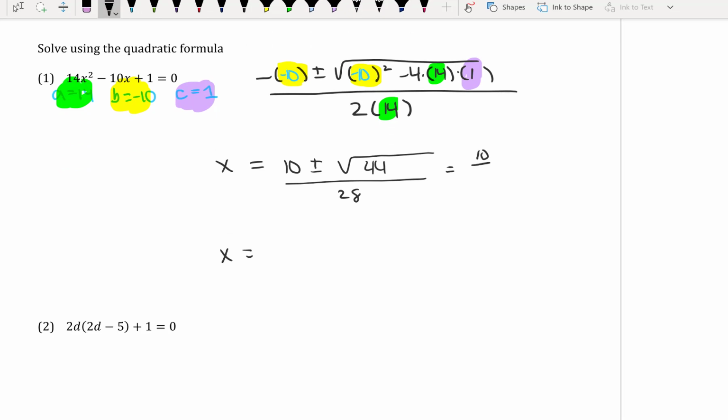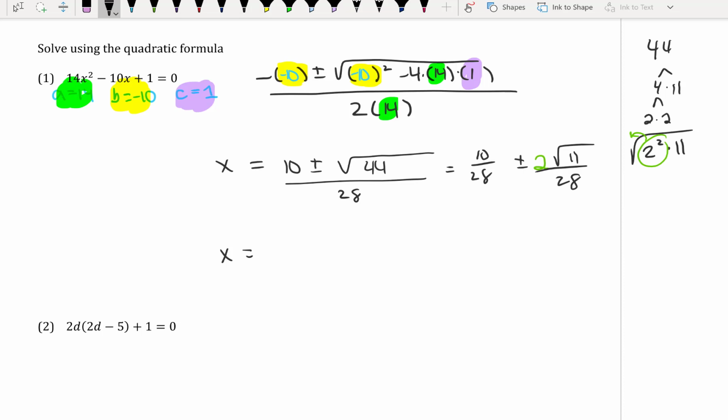I have 10 over 28 plus or minus the square root of 44. When I simplify that, remember 44 is 4 times 11, so that 4 is 2 times 2. So I have 2 squared times 11. If that's inside the square root, then the 2 is going to jump out. So I have 2 square root 11 over 28.